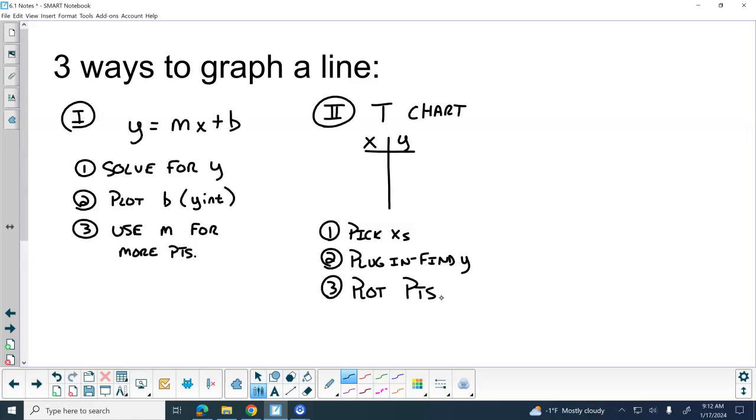Nope, those are all different forms of a line, not a way to graph a line. But I like where you're going. It's the intercept method.